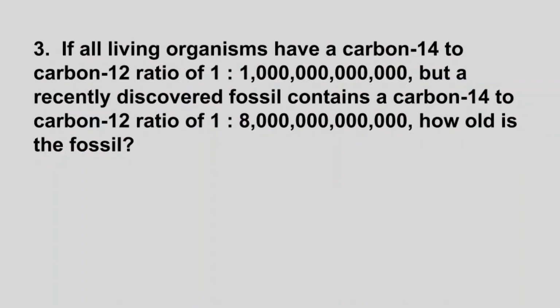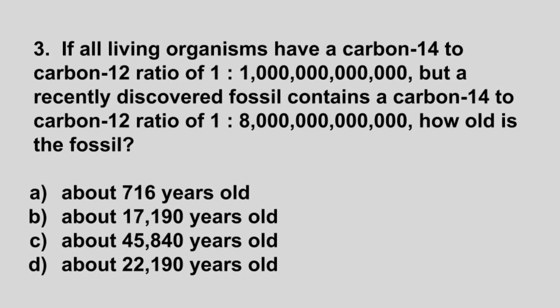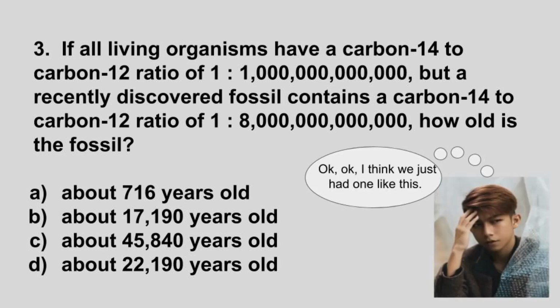And now for our third problem. If all living organisms have a carbon-14 to carbon-12 ratio of 1 to 1 trillion, but a recently discovered fossil contains a carbon-14 to carbon-12 ratio of 1 to 8 trillion, how old is the fossil? You can pause the video here while you try to solve it.